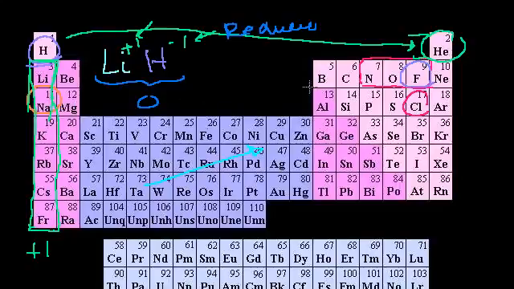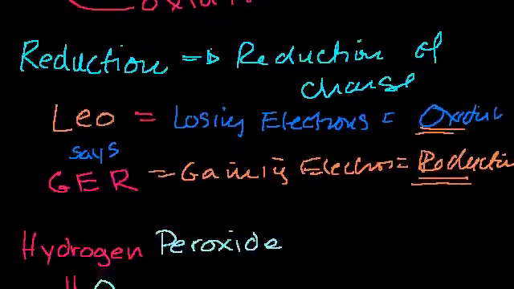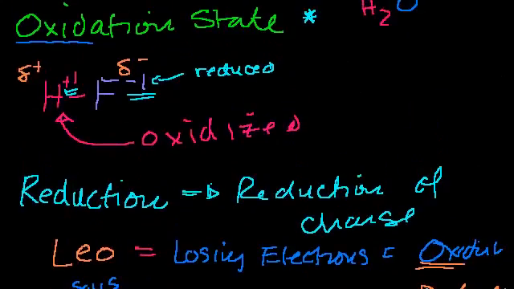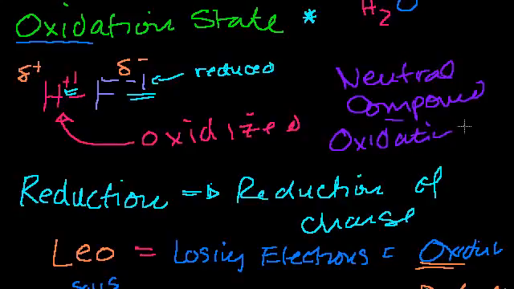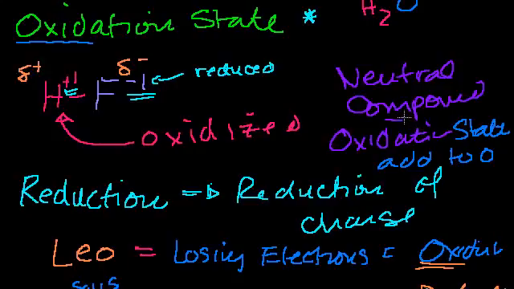In general, if you have a neutral compound, then the oxidation states add to 0. And if you have a non-neutral compound, say with a +1 charge, the oxidation states of all of the atoms in your compound are going to add up to your charge.